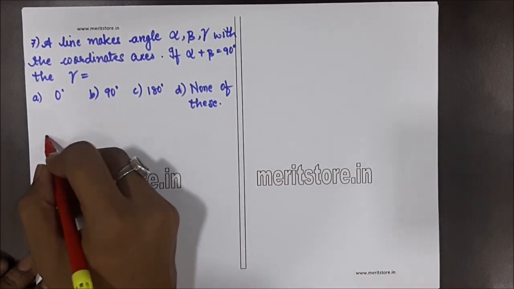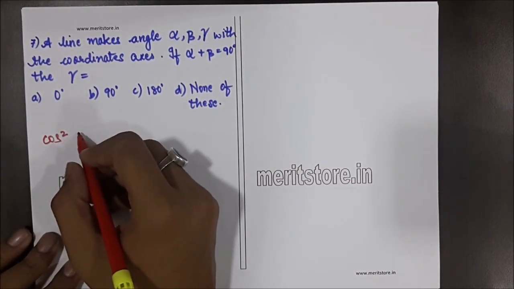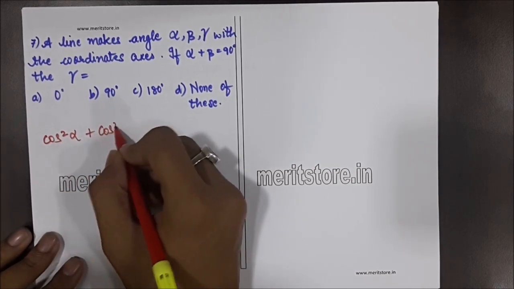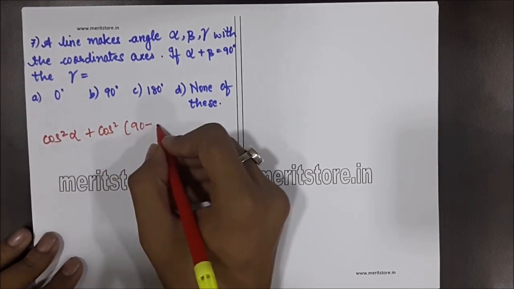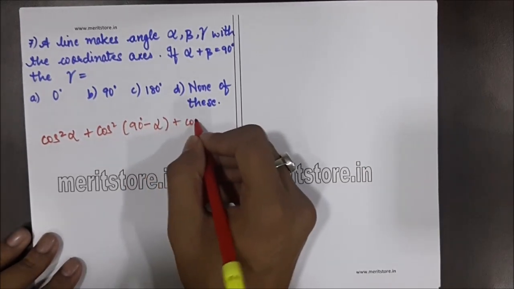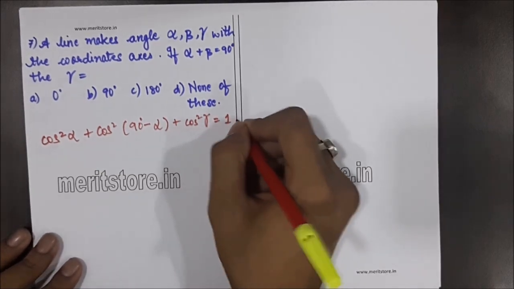We know the formula cos square alpha plus cos square (90 minus alpha) plus cos square gamma is equal to 1.